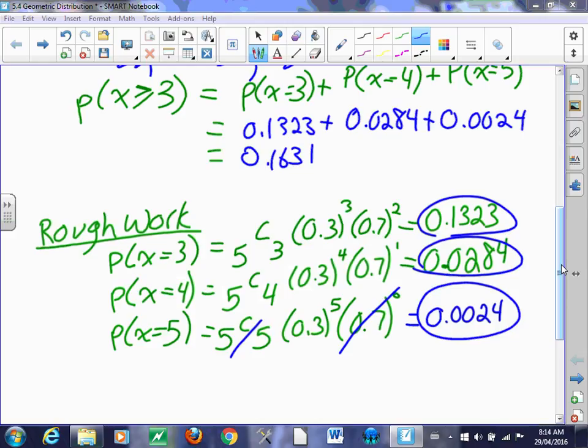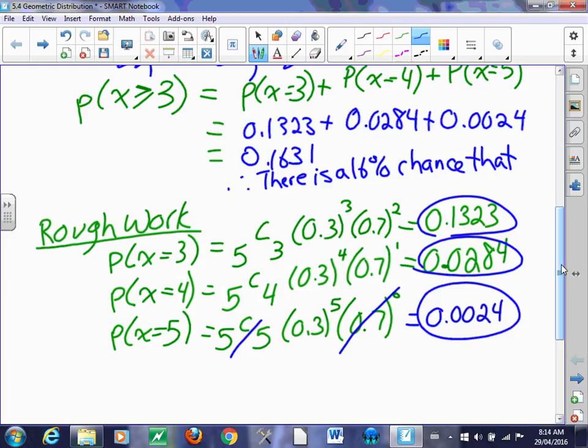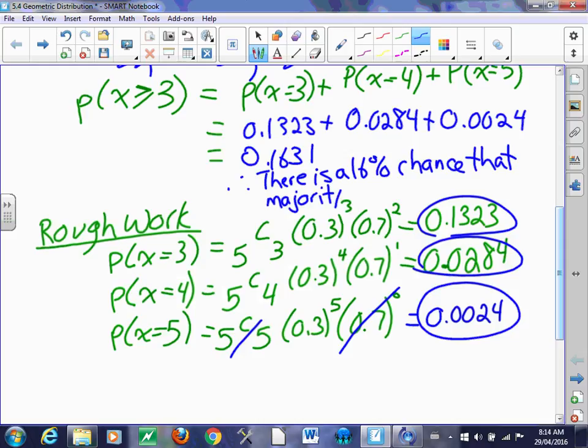So therefore, if we change that to percent, there is a 16% chance that the majority smoke. And I mean majority of the callers. Okay?